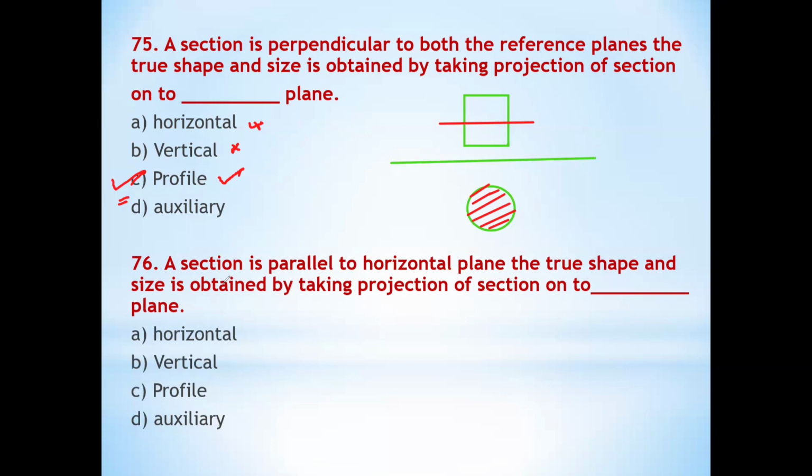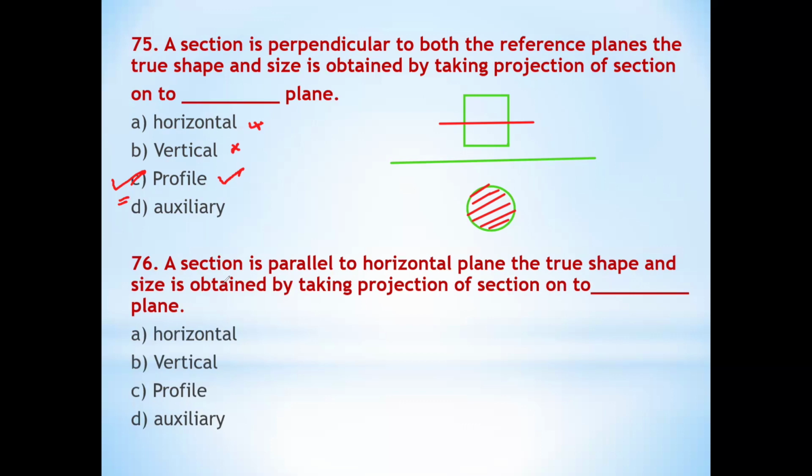A section plane, or the cutting plane, is parallel to the horizontal plane. Then the true shape and size is obtained by taking the projection of the section on dash dash plane.